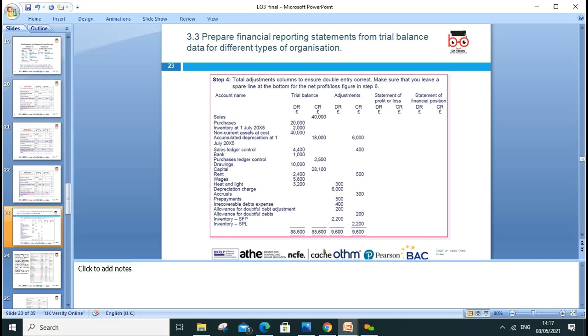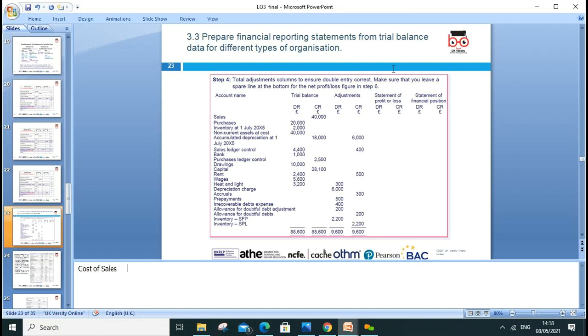Purchases go in which statement? Profit and loss, on the debit side, because these are also our expenses, and income and expenses go in the profit and loss. Then we have inventory. Inventory goes in which statement? Financial position. Opening inventory, the one written as opening, goes in the profit and loss, because of the cost of sales formula.